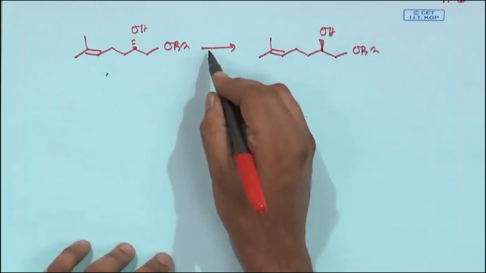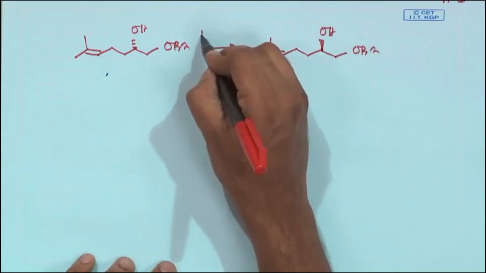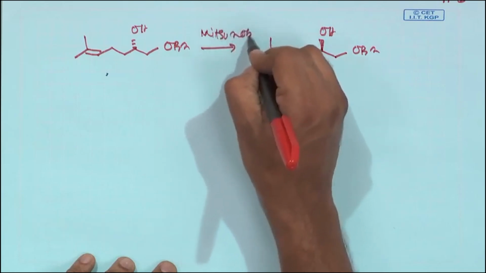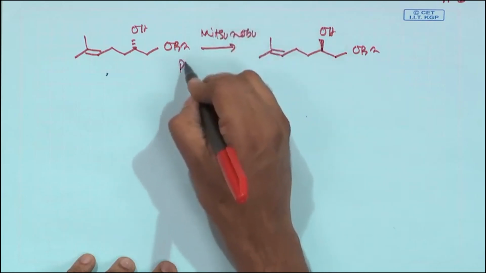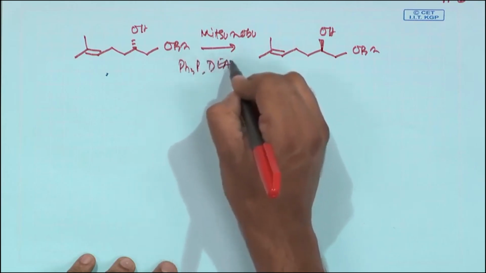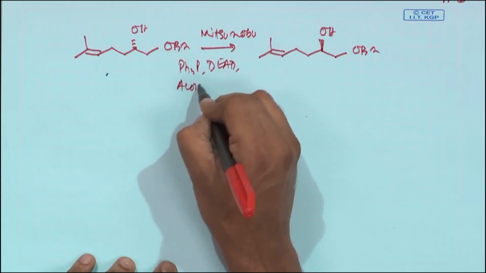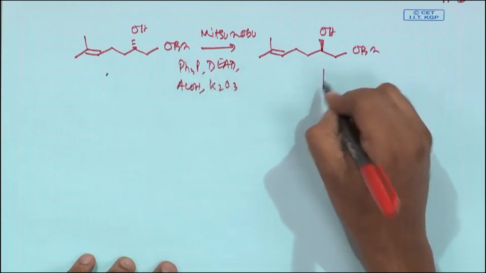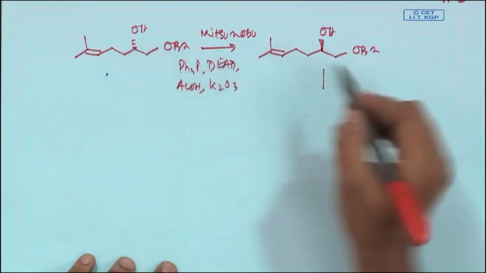The answer is there, you have already discussed it. You can simply do a Mitsunobu inversion. Take triphenyl phosphine, diethyl azodicarboxylate, acetic acid, followed by potassium carbonate, that will give you the inverted product.